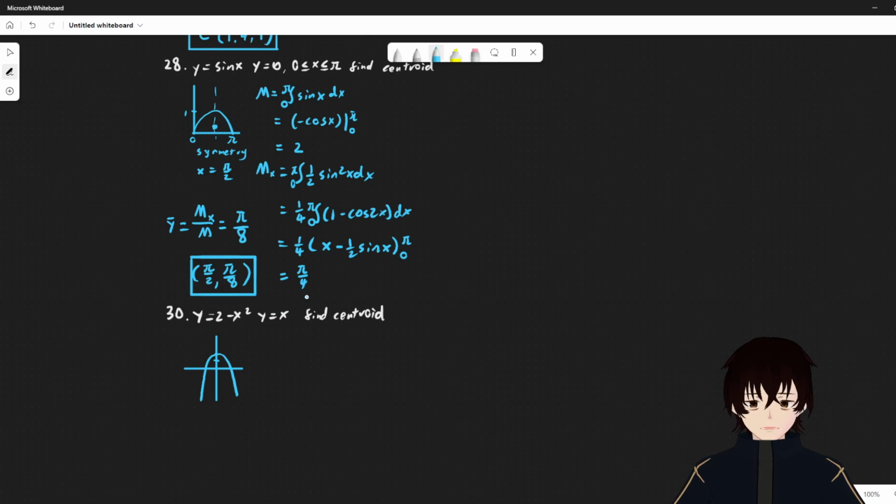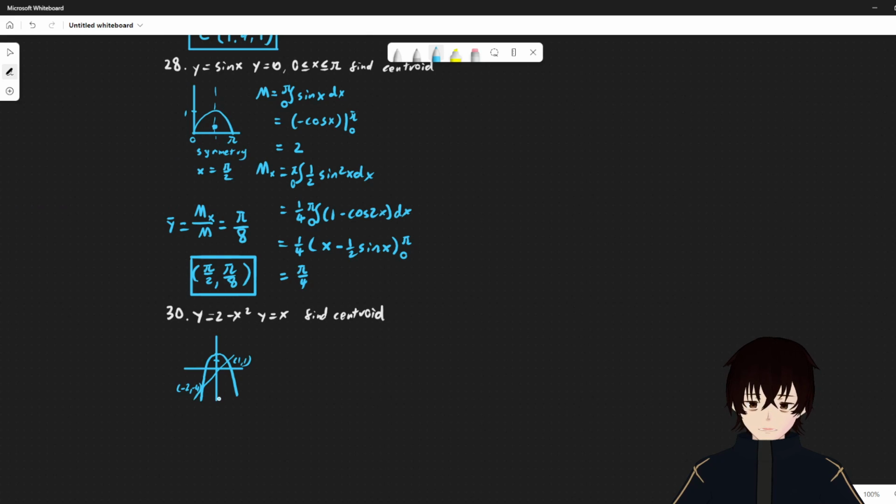Downward parabola. Y equals x. That's going to cut through here. So that's 1, 1. That's -2.